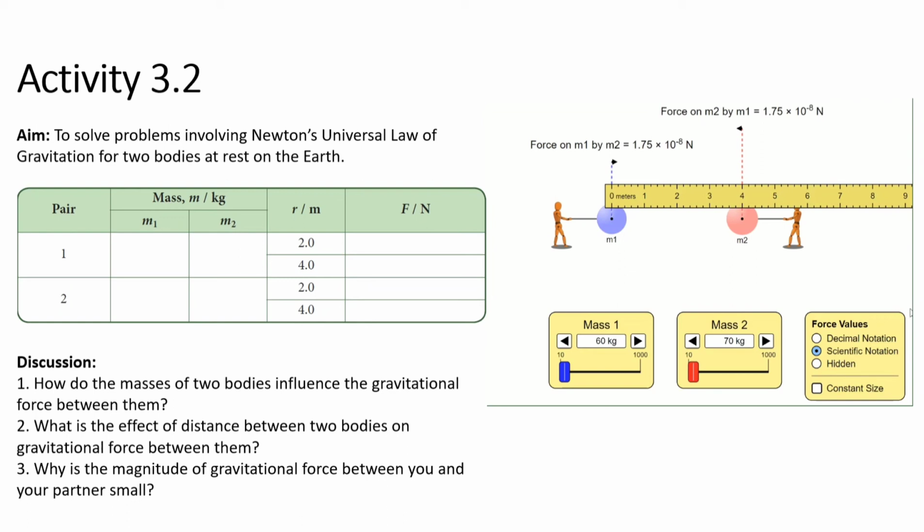So the gravitational force is 1.75 times 10 to the power of negative 8. Okay, then we continue for the second pair. So now let's see, the mass of the second student is about 50 kg. We do the same to get the value of gravitational force. Then we answer the discussion question.